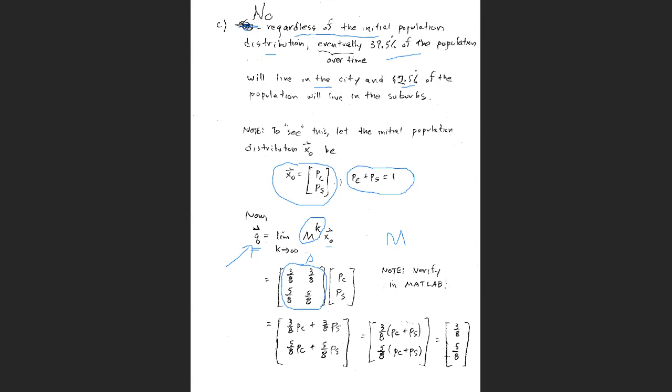I'm sorry, I have an error here. I don't mean this matrix. I mean the original matrix M. There's only one matrix M, the migration matrix. Take that, type it in your calculator, 0.95, 0.03, 0.05, 0.97, and then raise it to the 1000th power. What happens?